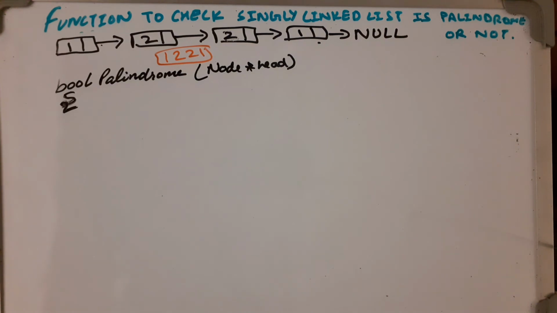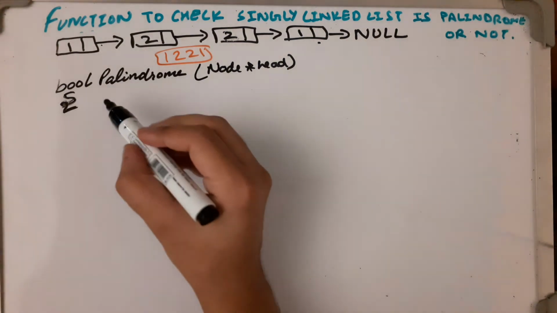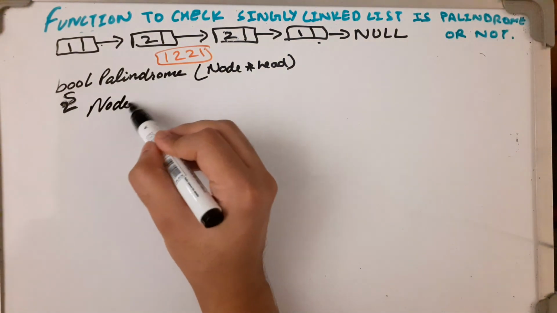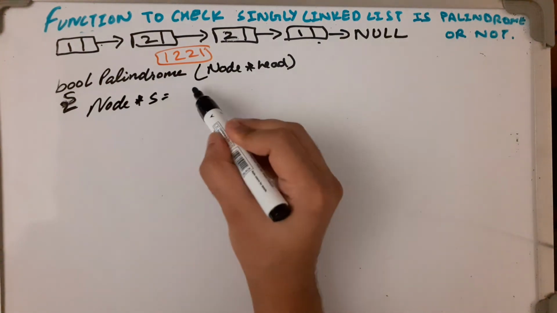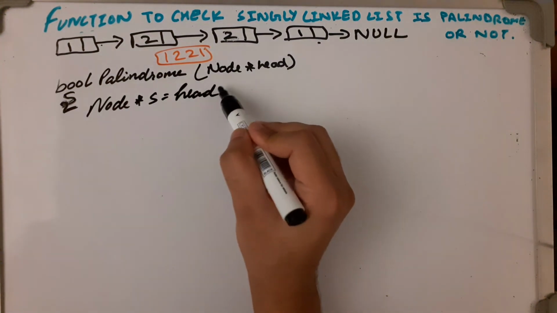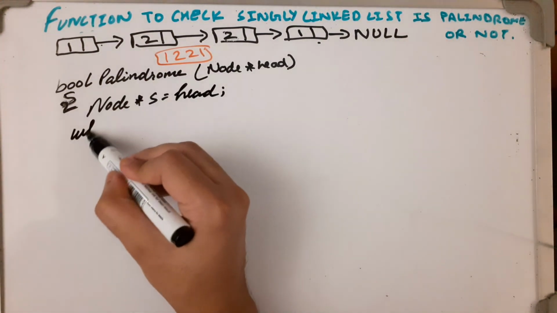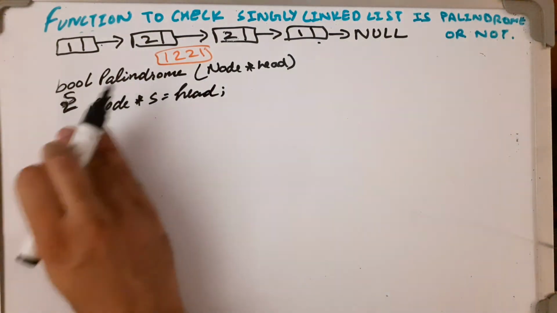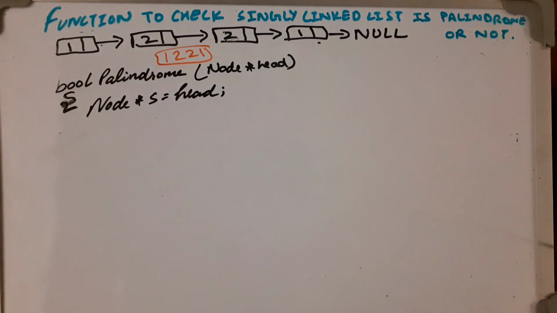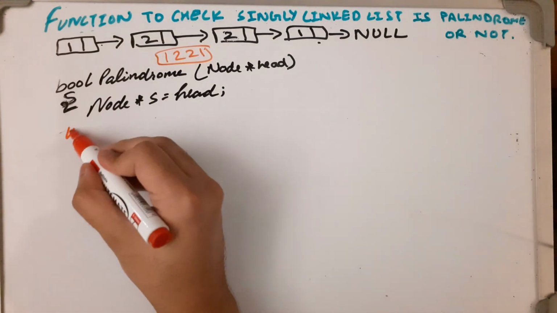Okay guys, so what we are going to do is paste this whole linked list into the stack. First I will define a node s equals head. I'm writing the conditions in another color so that you will be aware.